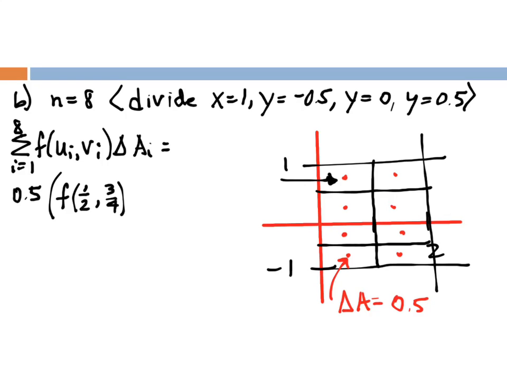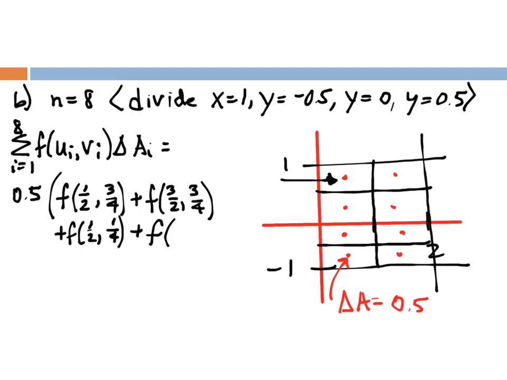What's the one right next to it, to the right? 3/2, 3/4. What's the one in the second row? 1/2, 1/4. And then right next to it, 3/2, 1/4.